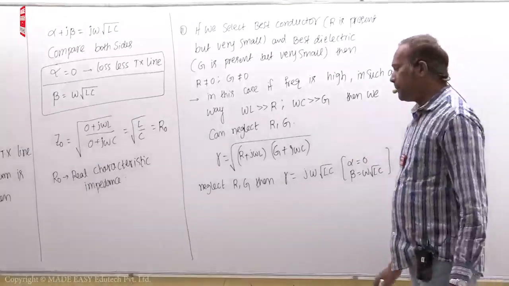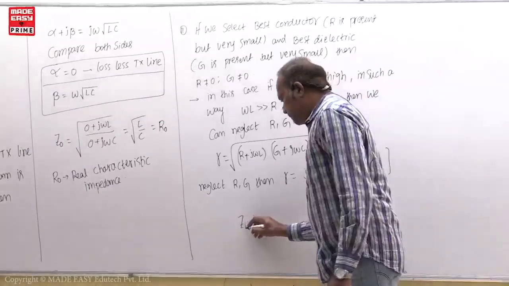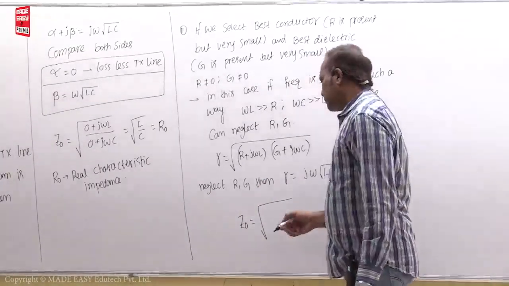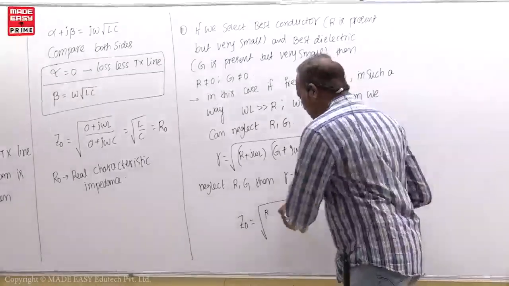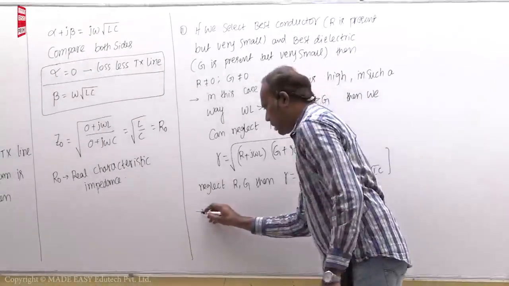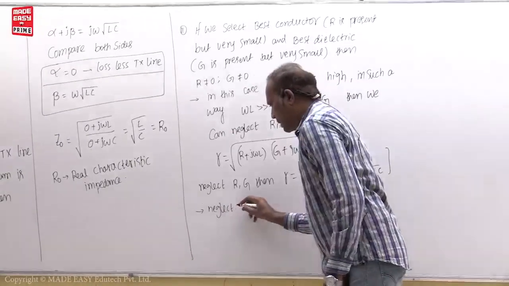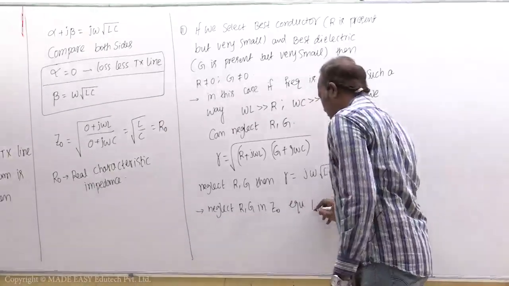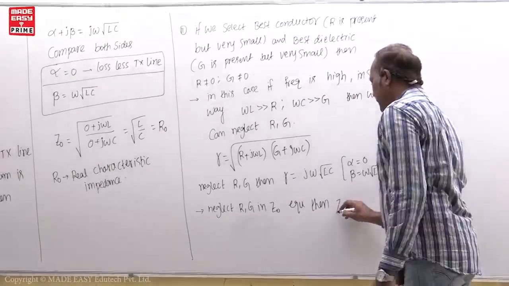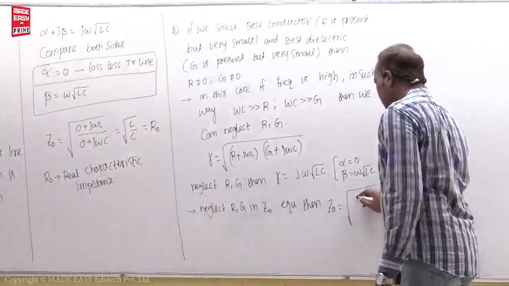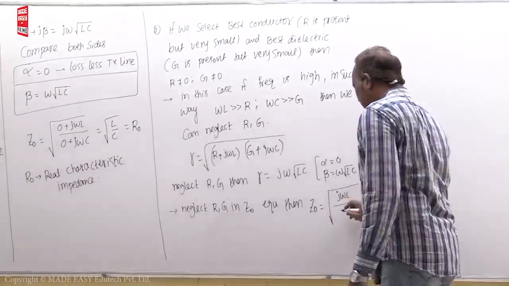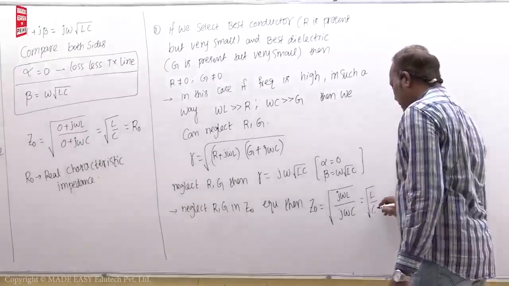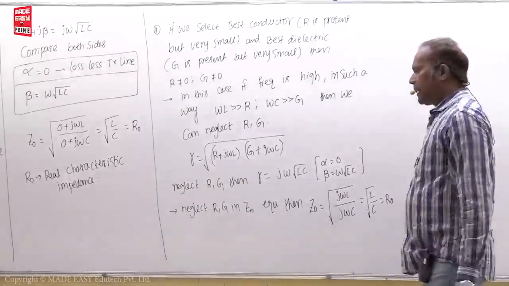Similarly, neglect R and G in the Z naught equation, then once again we get Z naught is equal to root of j omega L divided by j omega C, that is nothing but root L by C. We call that a real characteristic impedance.